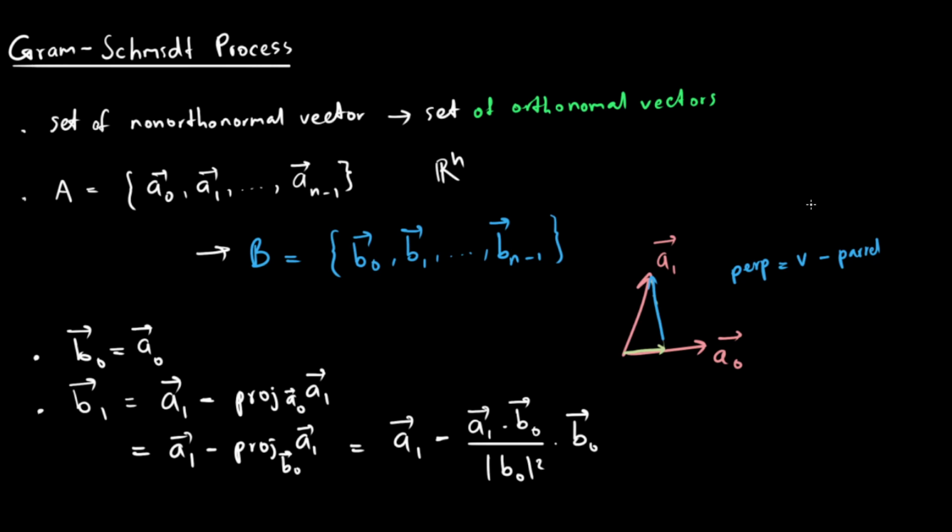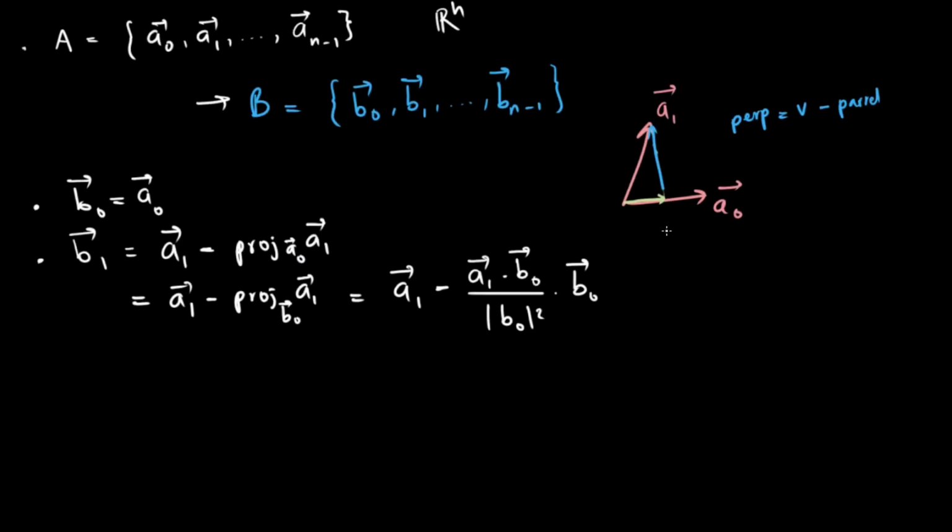To get the perpendicular, we take the vector and subtract the parallel. And what is the parallel? The parallel is just the projection. Okay, so we can write it similar to B1.